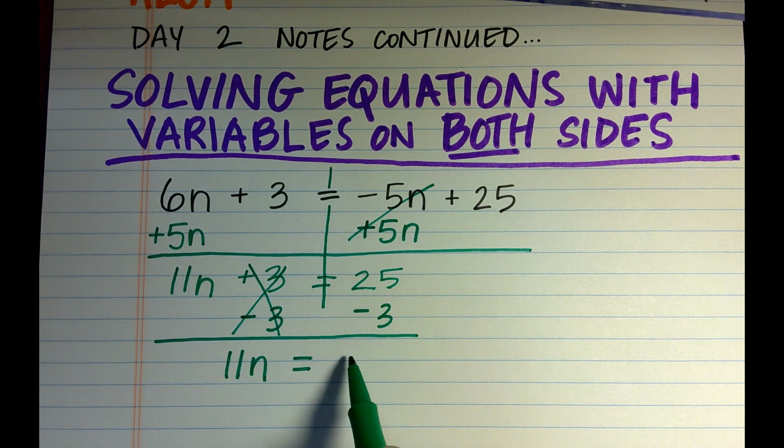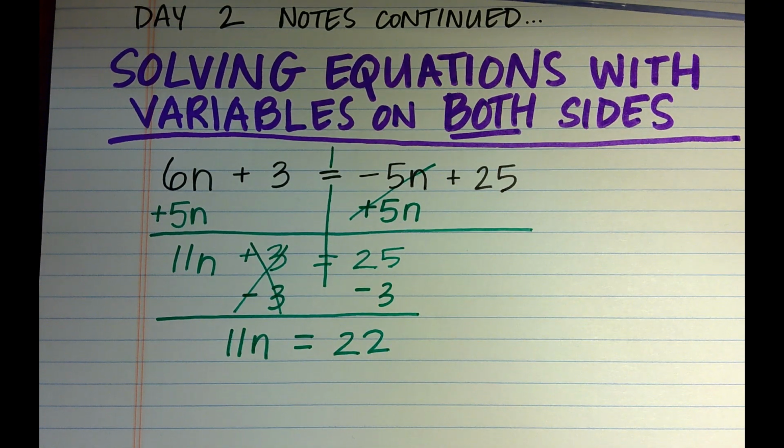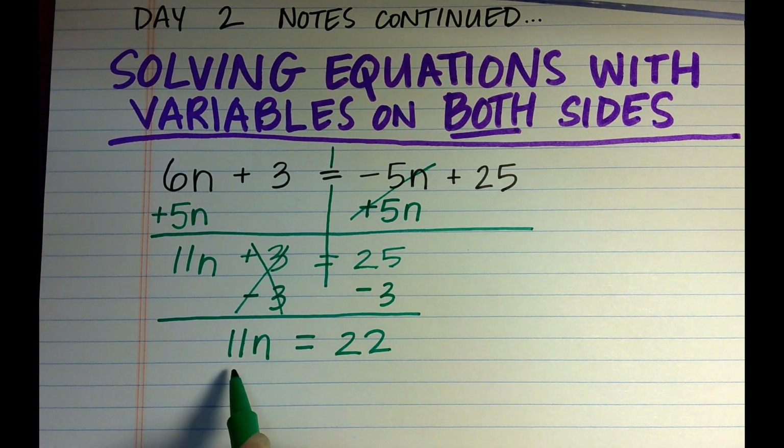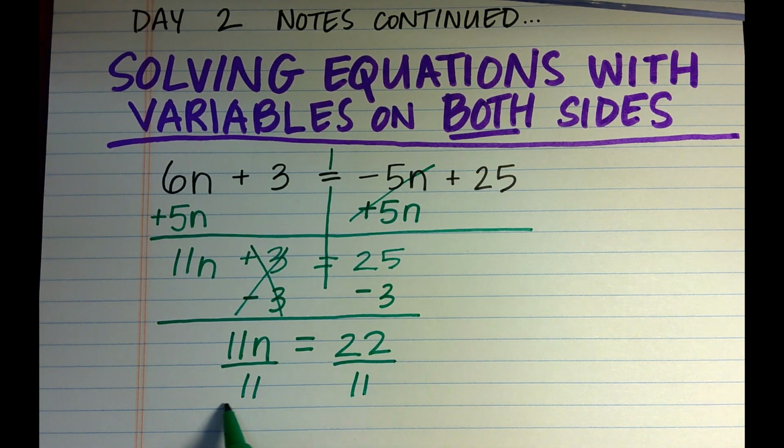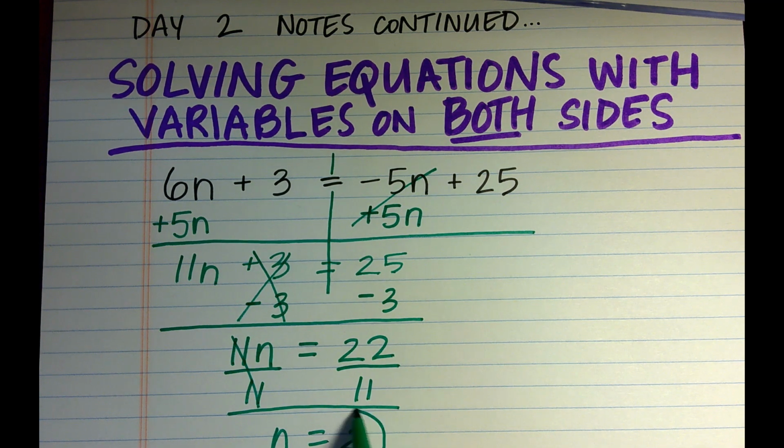Perfect, 25 minus 3 is 22. Then you divide by 11 on each side. Your 11s cancel. Yes. N equals 2. Very nice.